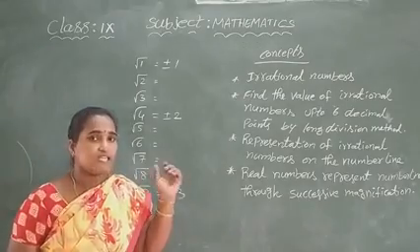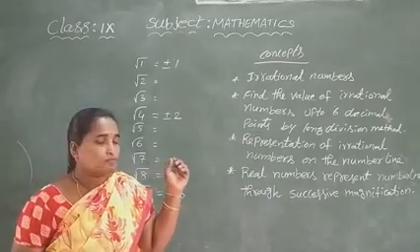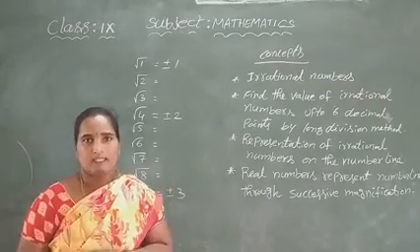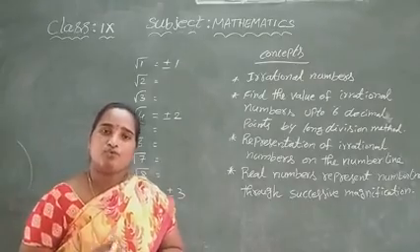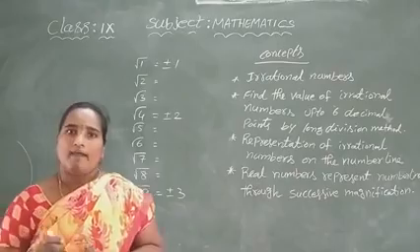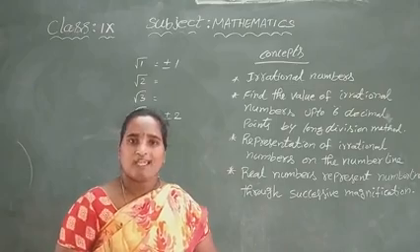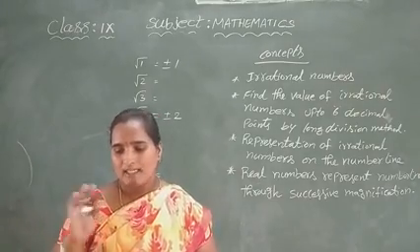In these irrational numbers, we can find out a value. How to find out? Here we take the long division method. Then we can find root 2 value, root 3 value, root 5 value, root 7, and so on, by using the long division method.